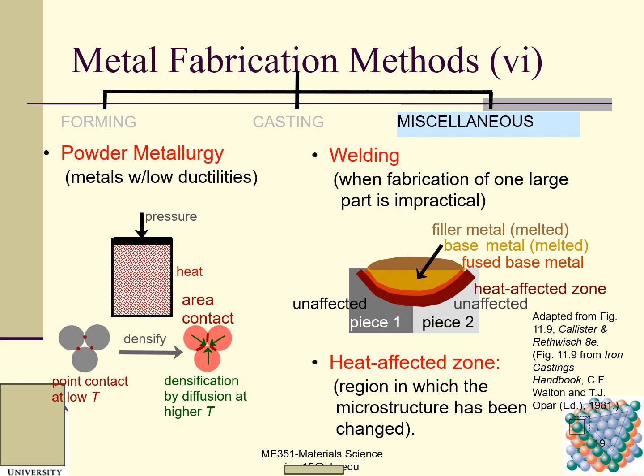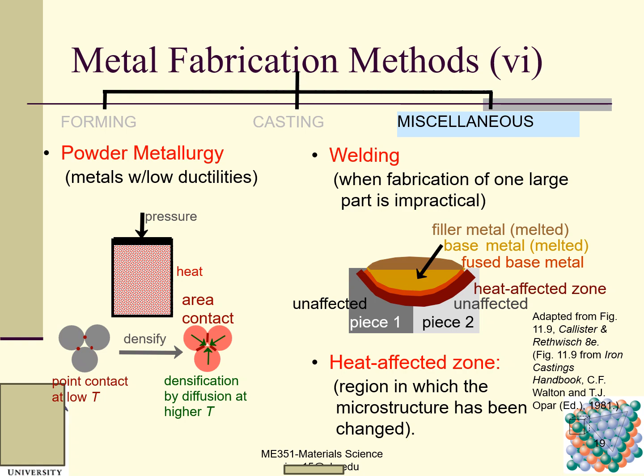We use very high temperature heat, and this melts the area covering part of piece one and part of piece two, and some filler metal is also melted along with the base metal, and it fuses the base metal when the molten material solidifies.